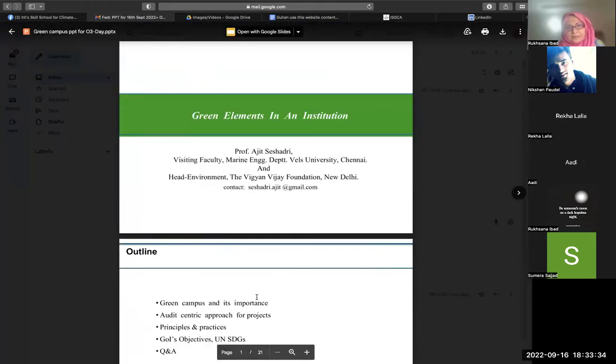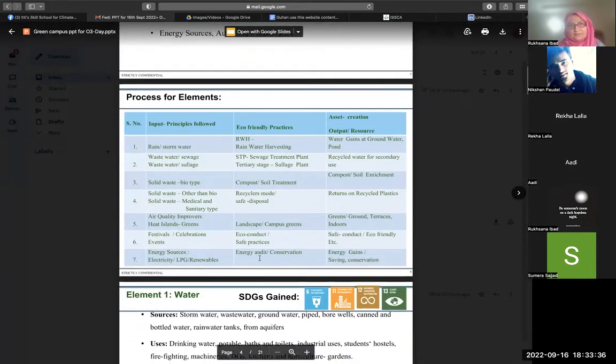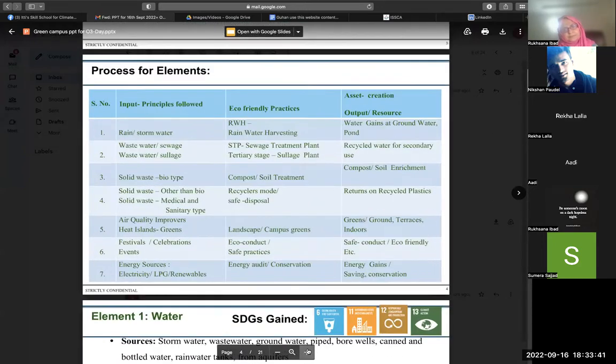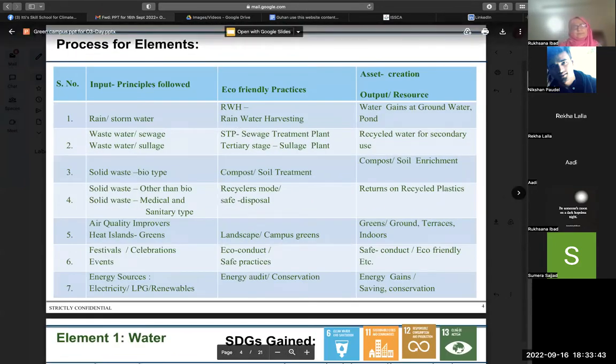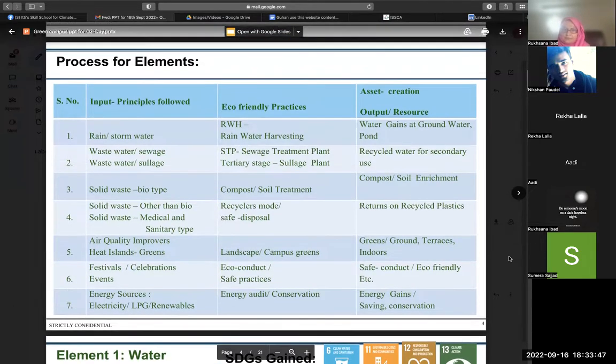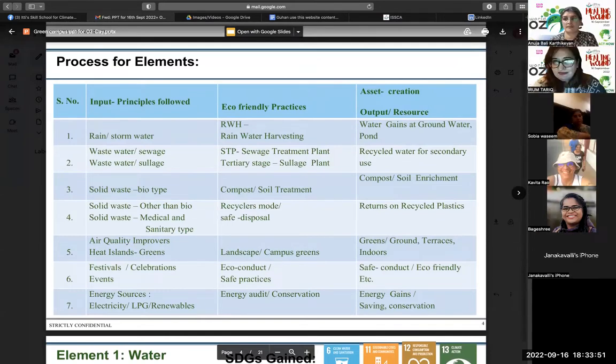That is your green, red, blue, and orange. Green stands for bio waste. Red stands for construction material and other materials which are going as earthy materials. And blue will be the recyclable plastics and others.